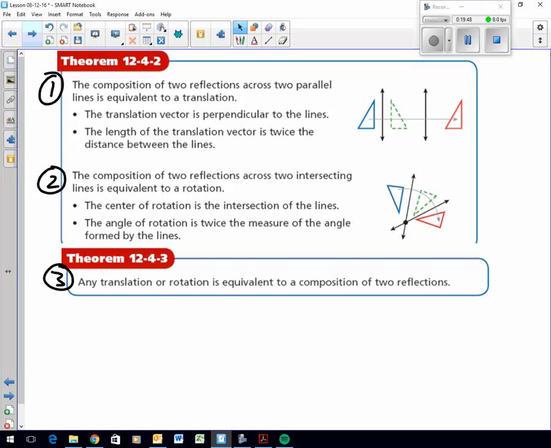So that's how I get this theorem down here: any translation or rotation is equivalent to a composition of 2 reflections. So if I ever reflect twice, I could have either translated or rotated and got the same result.